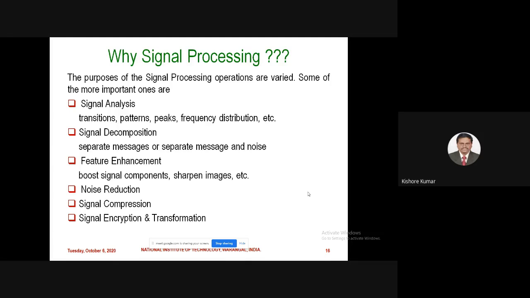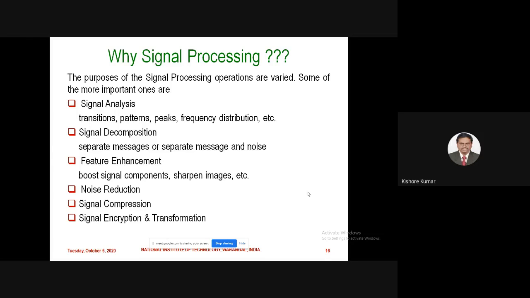One example: for the separation of the message and the noise, I can use the filtering concept. Then I can use, as I said, the machine learning approach. People are using principal component analysis, like PCA and ICA.